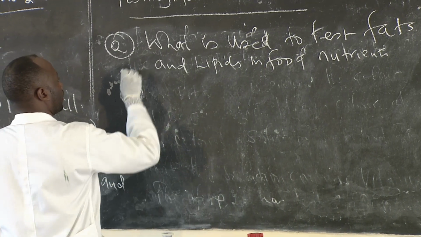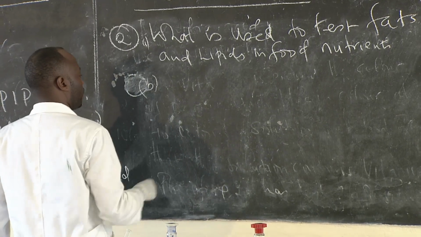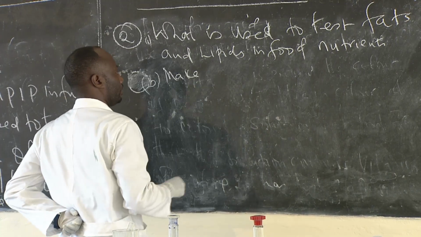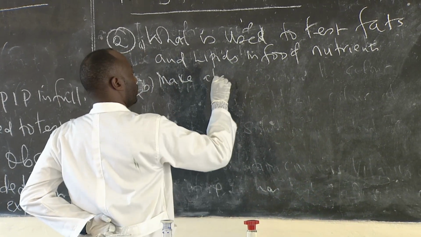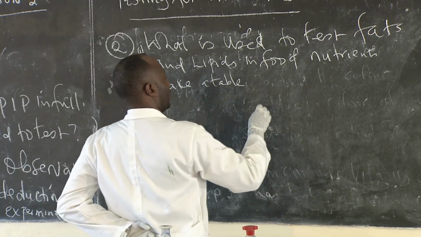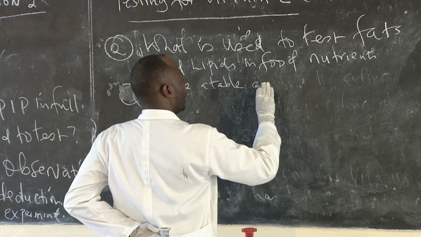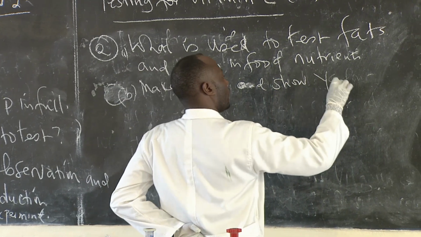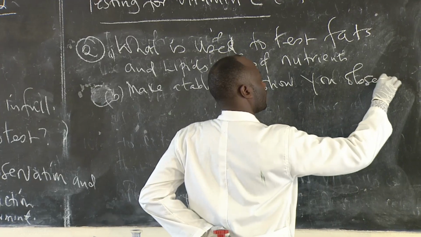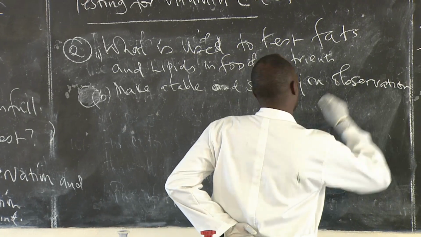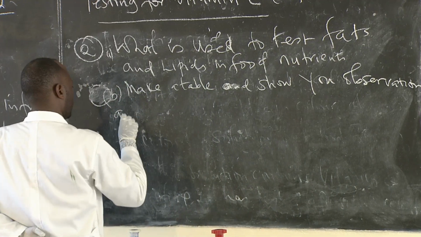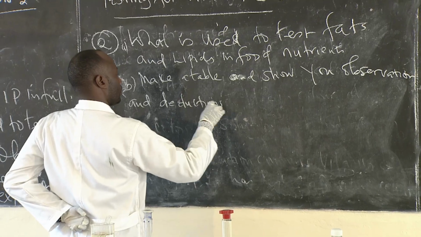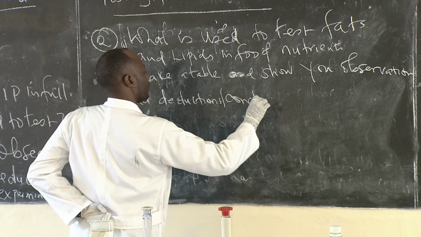That is A, that is B. We say make a table and show your observation and the deductions, or conclusion.